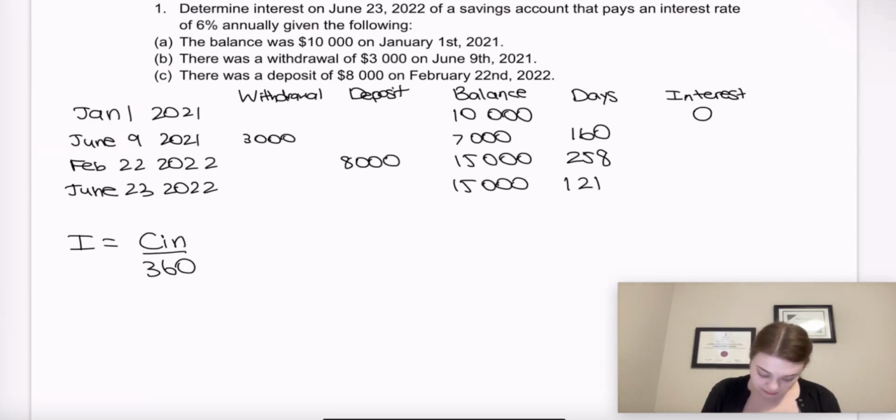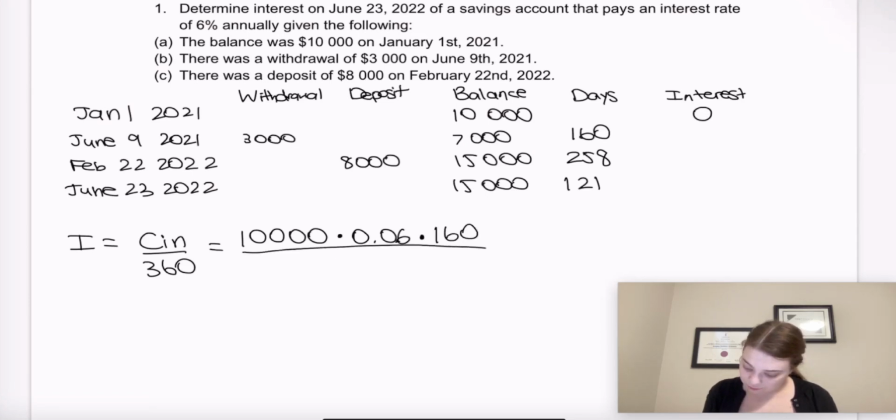Okay, so in this case, it's going to be $10,000 as our principal times the interest rate, which was 6% annually, so 0.06, and then times the number of days. The number of days here was 160, and that's all over 360.